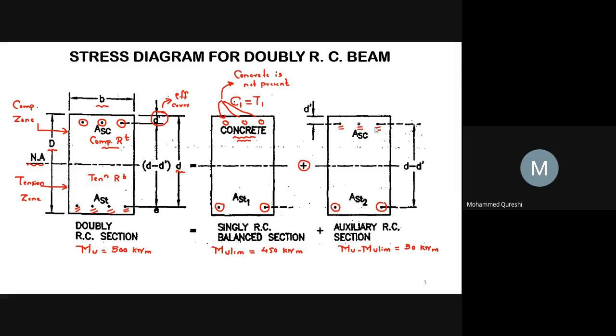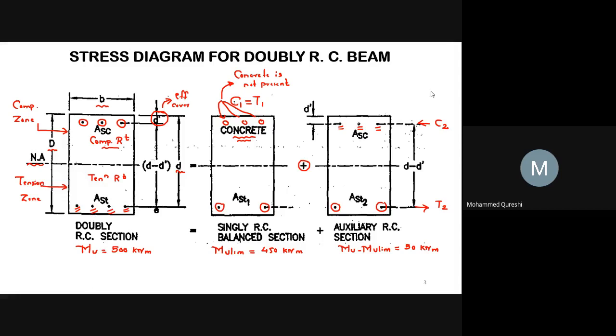Now, as we know that we have to satisfy the condition to restrict the depth of the beam, this will be our C2 and this will be our T2, that is the compressive as well as tensile force in the auxiliary RC section. Here the tension exists, hence here T2 and here is our C2.